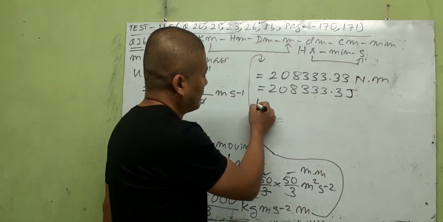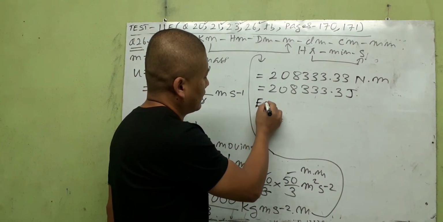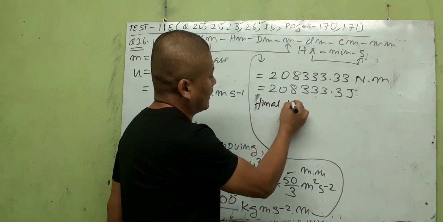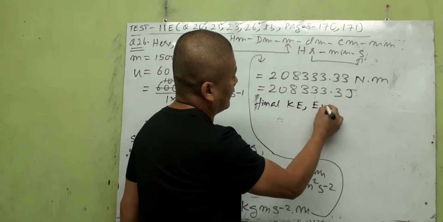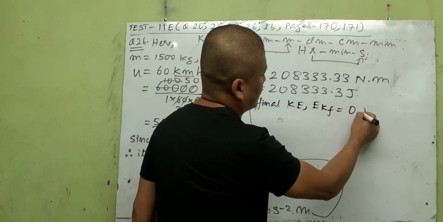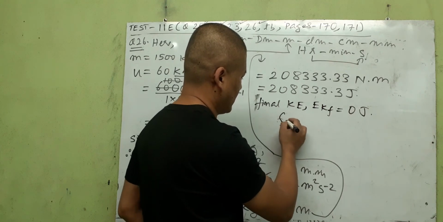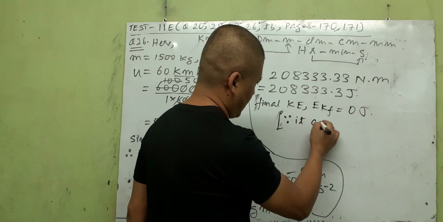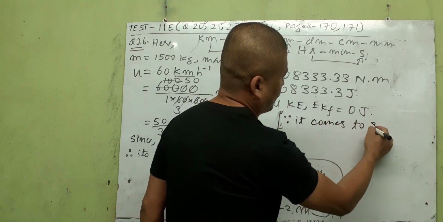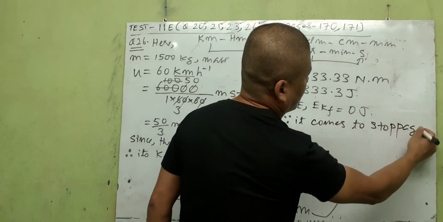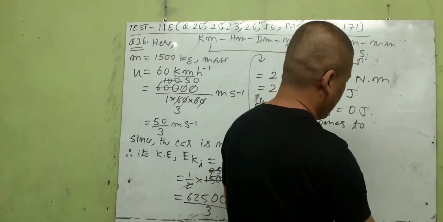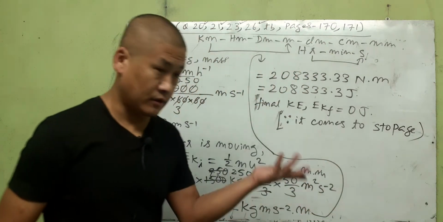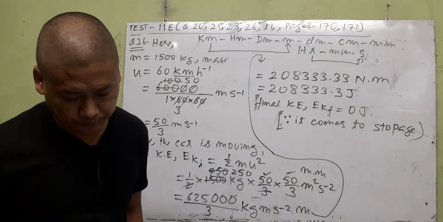Now the final, you need to find out final kinetic energy, that is EKF, let us say, be 0 joules. Since, if you want to give the reason, since it comes to stoppage. Stoppage means not moving anymore. So clearly the textbook says this car needs to be stopped. It means the final velocity is 0.